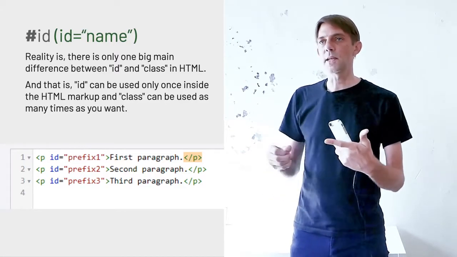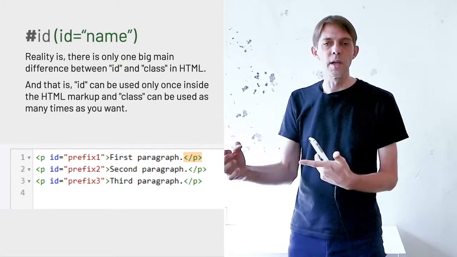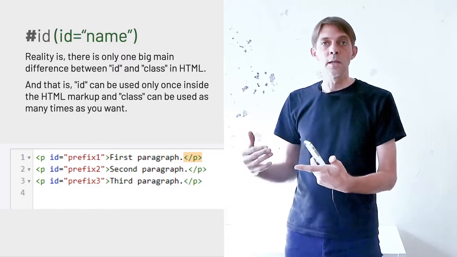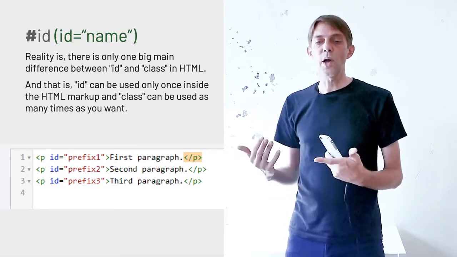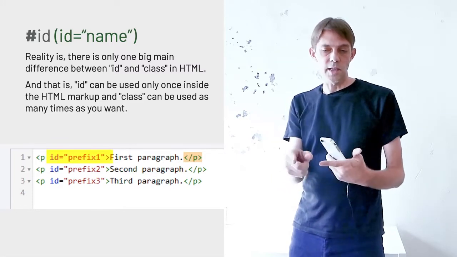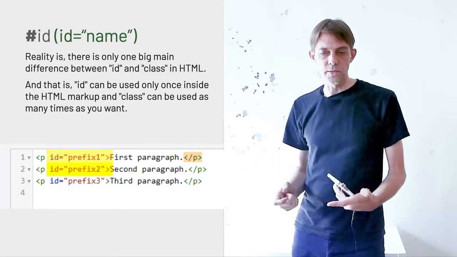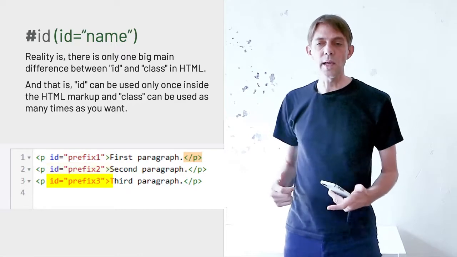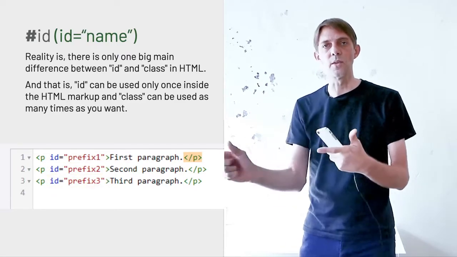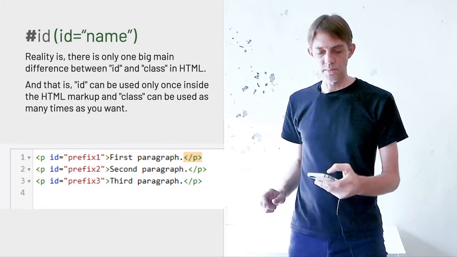If you have a program that says change this in JavaScript and it finds two things, it will get confused. It will probably take the later one, but it's good to have only one ID. So you could give different IDs, like prefix 1, prefix 2, and so on. That's okay, but they have to have different names. You don't want to give the same ID name to several parts of your page.